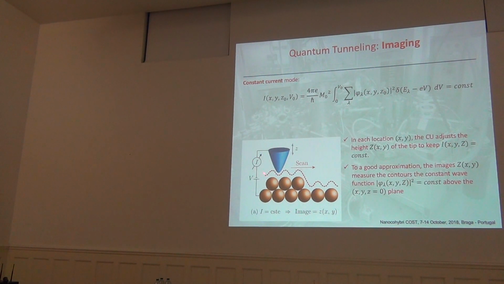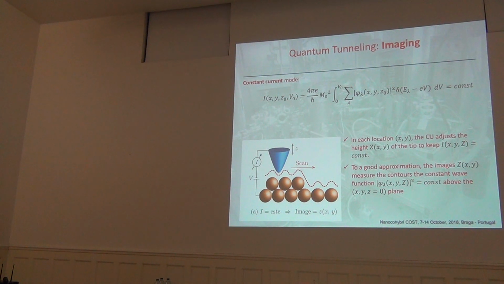So instead of doing this, what we can do, we can get the instantaneous value of the current, check if it suits us, and apply a voltage to the piezo in order to retract or to advance the tip, so that the current remains the same. Okay, so if the current is too small with respect to what we decided, it will approach the tip.